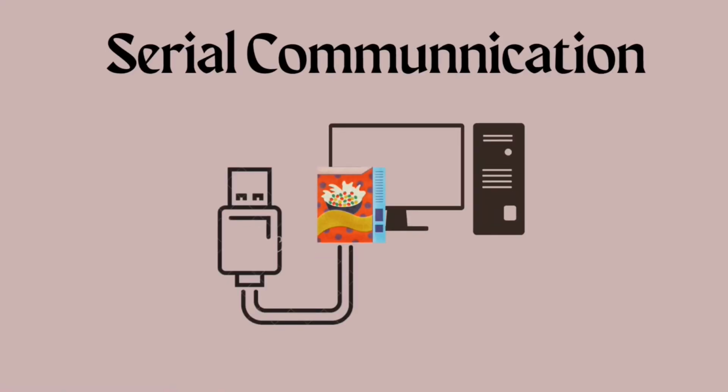Therefore, serial communication is widely used to make things easier, and there are many ways to communicate from one device to another, like using USB, known as Universal Serial Bus, which is one of the protocols we can use to communicate.